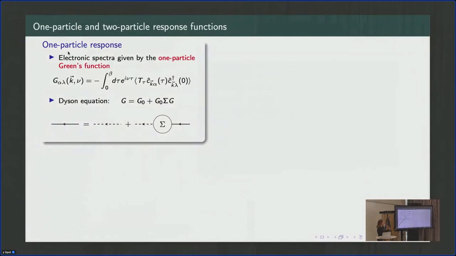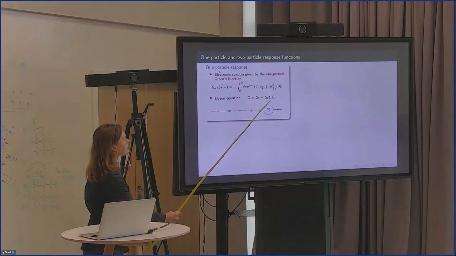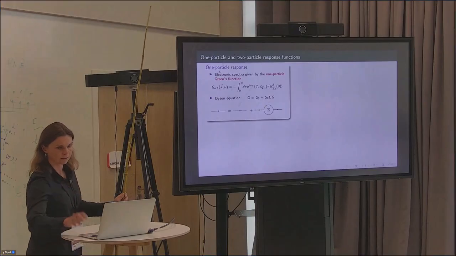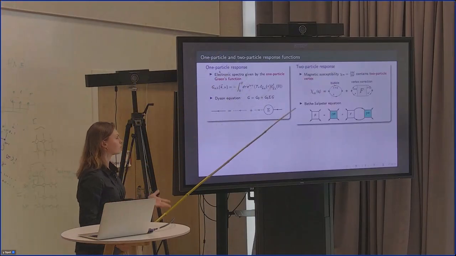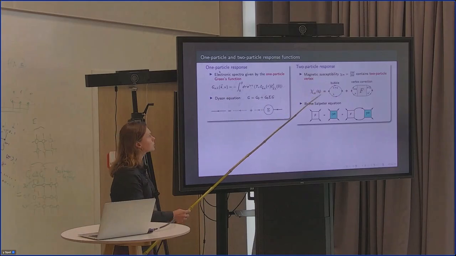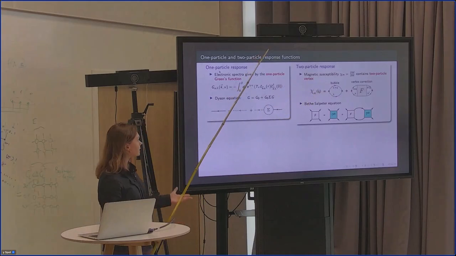One of them, which we saw in Max's talk, is the Dyson equation, which I can also solve in a self-consistent manner with some approximation for how the sigma depends on the G. I can also do something for the two-particle objects that are measurable. For example, I can measure magnetic susceptibility.